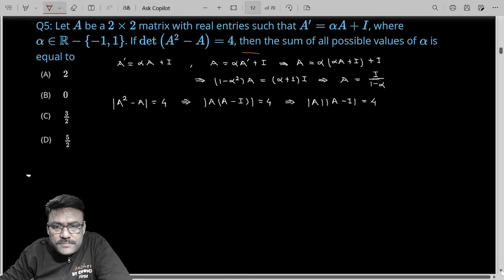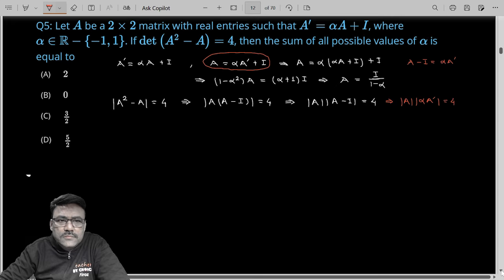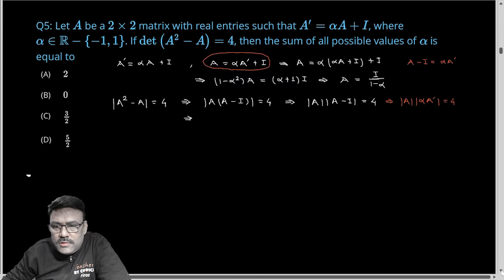See this equation here. From this equation you can say that A minus I is basically alpha A transpose. So if I substitute the values here, I'm getting the determinant of A minus I, which is alpha A transpose, equal to 4. Now this is the determinant of alpha A transpose.